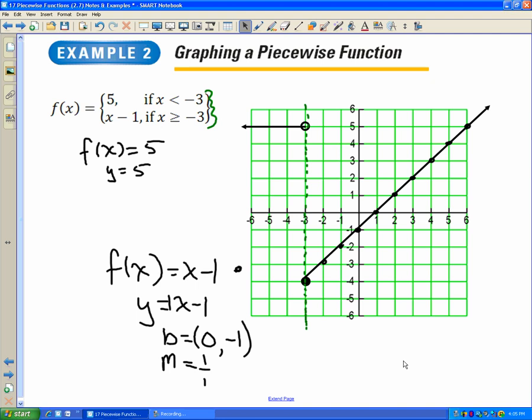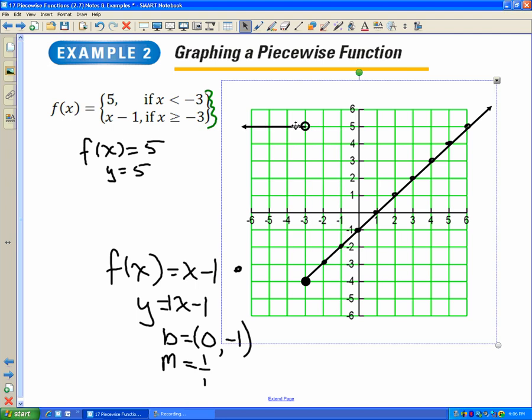This entire picture, that's a little off. This entire picture is f of x. The green line isn't necessarily needed in my final answer. It's okay if you have it. That's to help me see where my graph breaks up. But this is f of x when x is less than negative 3.